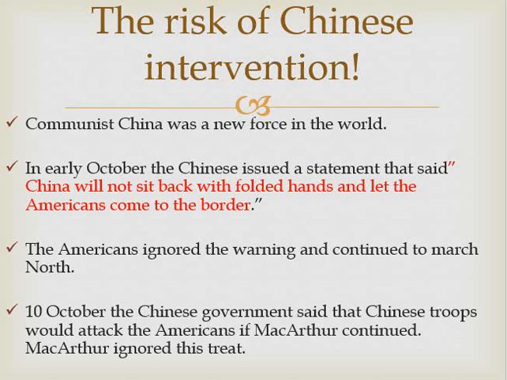The Americans ignored this warning and continued to march north. On the 10th of October, the Chinese government said the Chinese troops would attack the Americans if MacArthur continued. However, MacArthur ignored this threat.